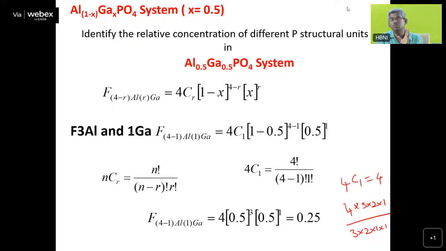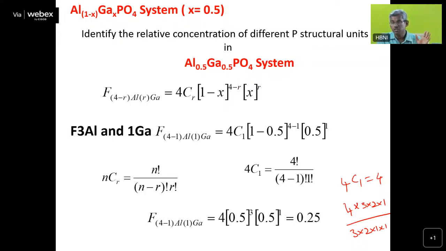I will give an assignment on something of this only, a different composition. For example, I am solving this expression for 50-50, that means 50% aluminium, 50% gallium, mole fraction 0.5, 0.5. So I got a relative fraction, assuming it's a random mixing of aluminium and gallium.